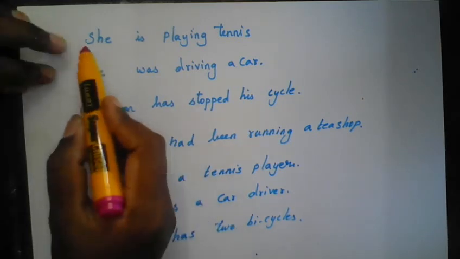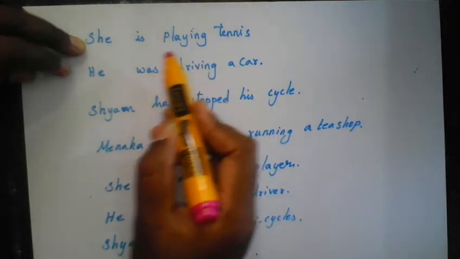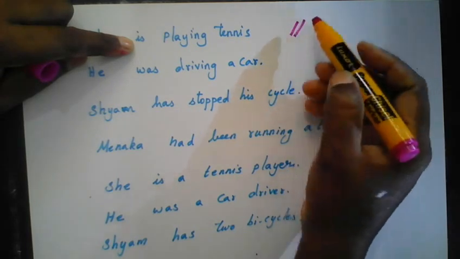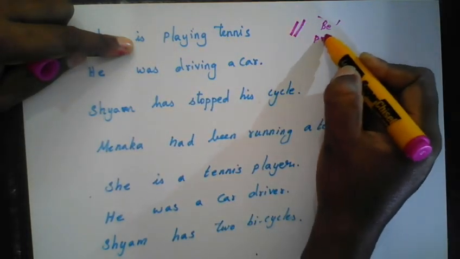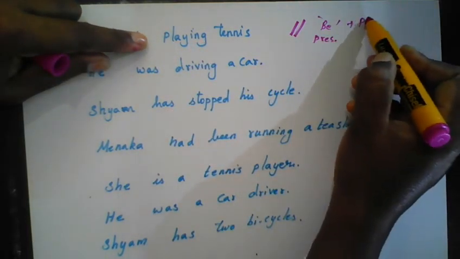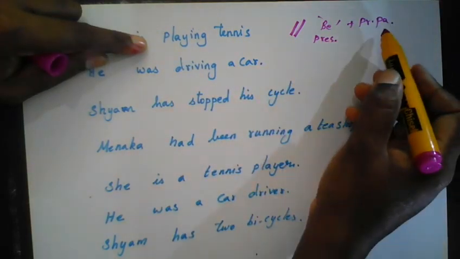Okay, now see, she is our subject. Now is playing. What is is? This is the present tense be verb, right? And playing, the ing form it has, is the present participle, right? Ing form is called present participle.